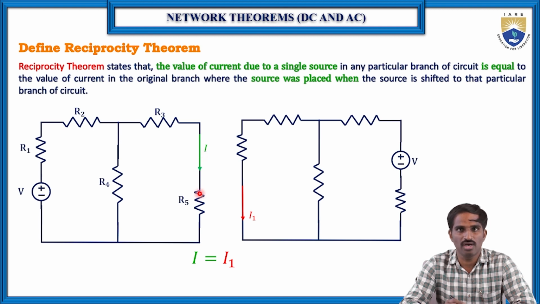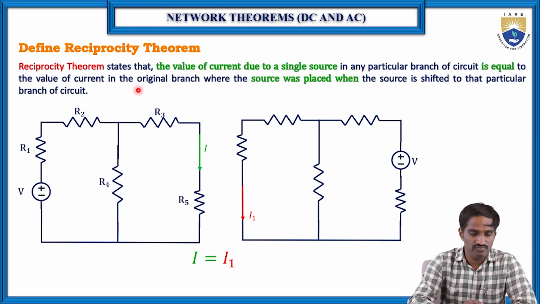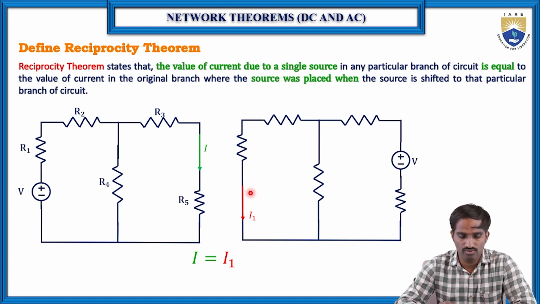The current flowing through R5 is I, which is equal to the value of the current in the original branch, because in the second circuit the voltage source is replaced from the original branch, where the source was placed before. Because from where we considered I, we have to shift that source to that particular branch. That's why we have shifted it to here. So then I is equal to I1.